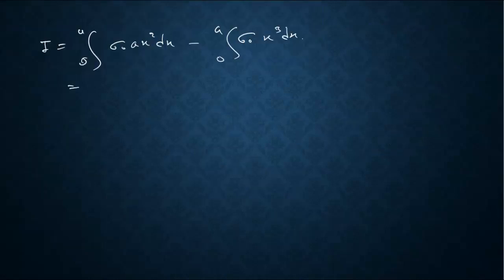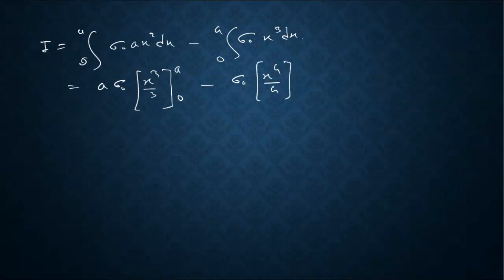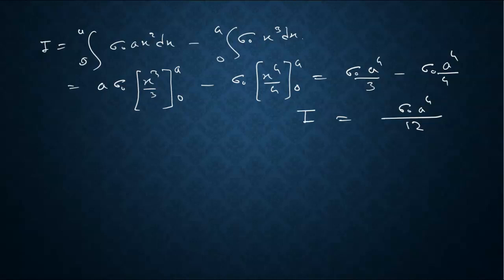Okay, so sigma naught a x cube by 3, from 0 to a, minus sigma naught x to the 4 by 4, from 0 to a, equals sigma naught a to the 4 by 3 minus sigma naught a to the 4 by 4. The LCM is 12, that is 4 minus 3, so sigma naught a to the 4 by 12. So we got our moment of inertia, that is I.